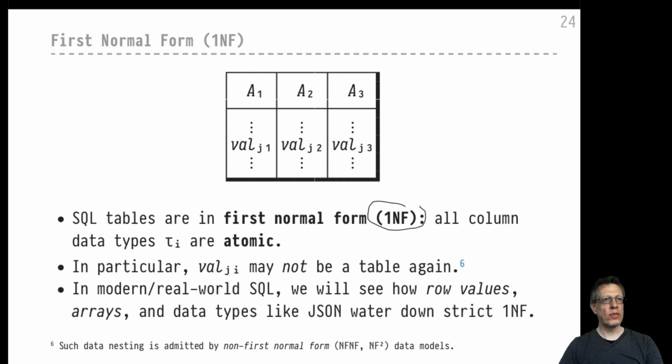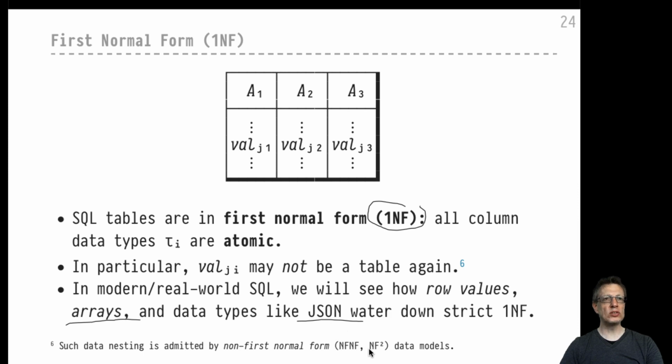We will see that some of these cell values may particularly look like complex values. They might be arrays, as I said, or they might even be JSON data, so deeply tree-structured data, but that still doesn't make them non-atomic values from the viewpoint of the relational data model. No nested tables.